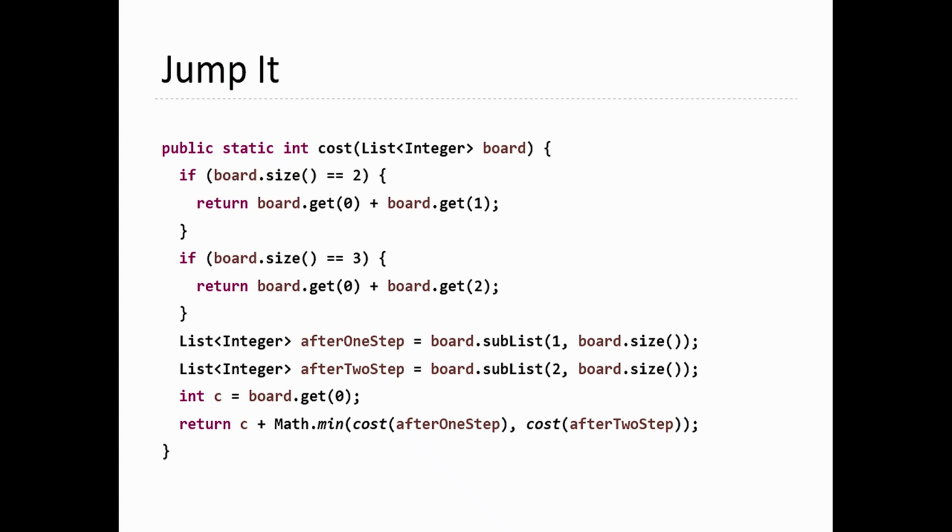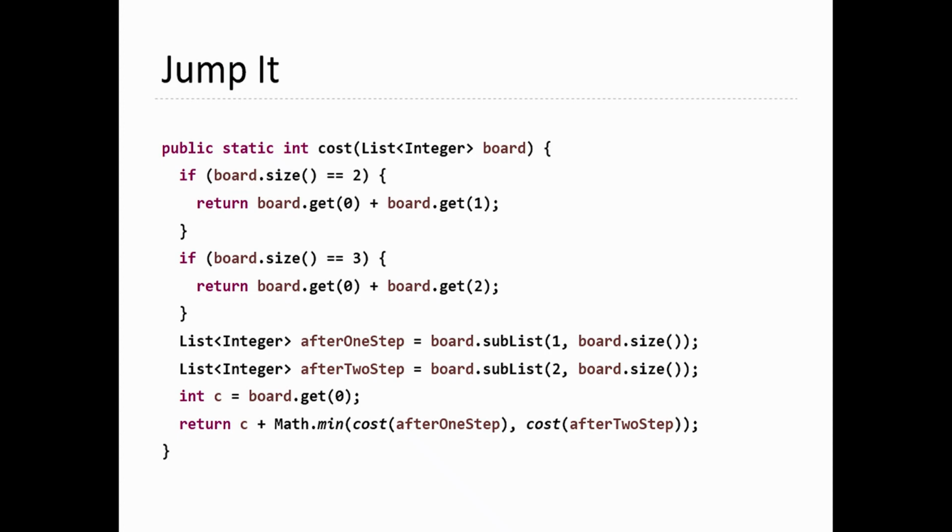So I'm just going to draw a little box here. So here's my cost method. When this method runs, it gets its own version of the board. So it's got a variable called board in it, which is some list. And it chugs along and does something.